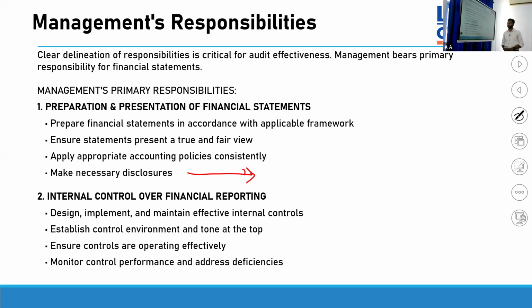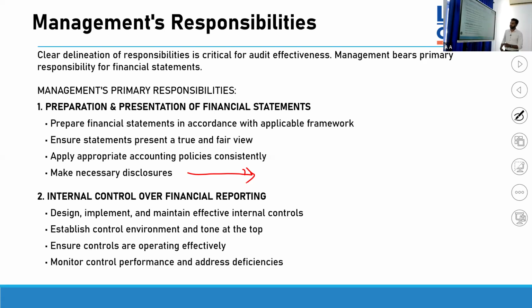The second one, internal control over financial reporting. Design, implement, and maintain effective internal controls is also the responsibility of management. Those things are not the responsibility of the external auditor. Those are the responsibility of management.